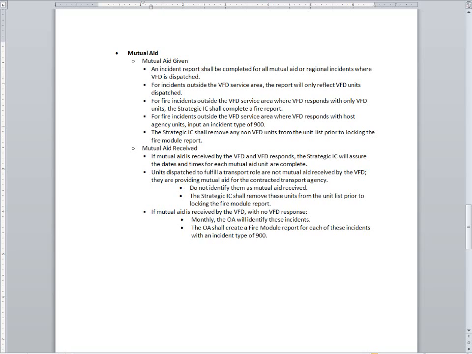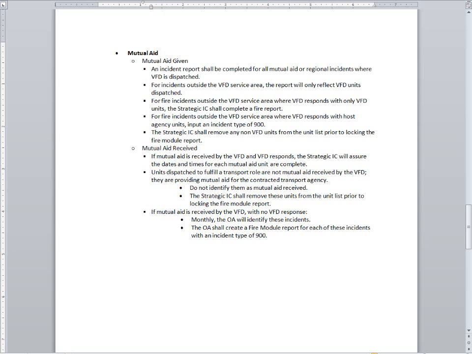Automatic aid has usually been defined as the aid that's been given or received that's pre-prescribed by how the CAD system deploys units. So the concept of closest unit response, or the closest unit to an incident, regardless of a political subdivision, responds to the call.